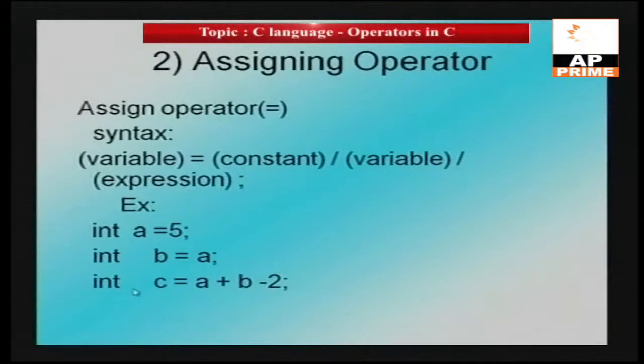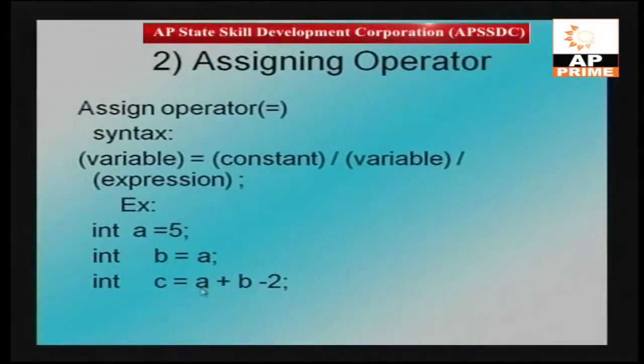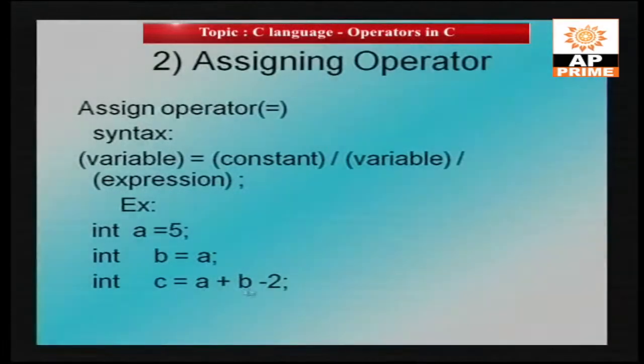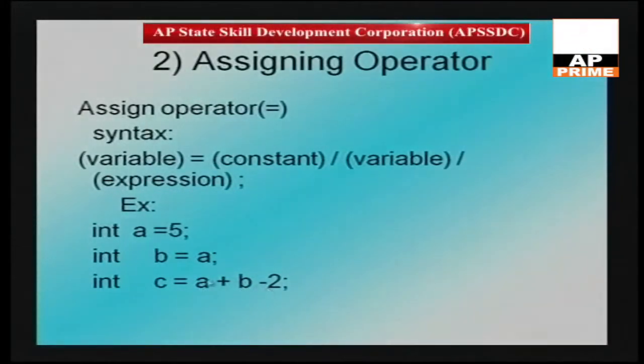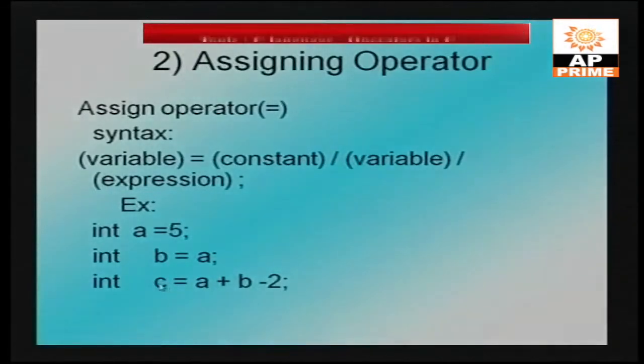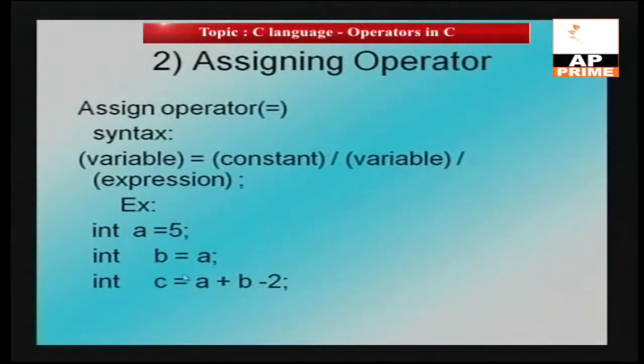One more variable: c equal to a plus b minus 2, an expression. Now c is assigned with the expression. A value is already 5, b value is copied from a, that is 5. 5 plus 5 minus 2 is 8. 8 is assigned to c. This type of operator is called the assignment operator, you can assign the value.